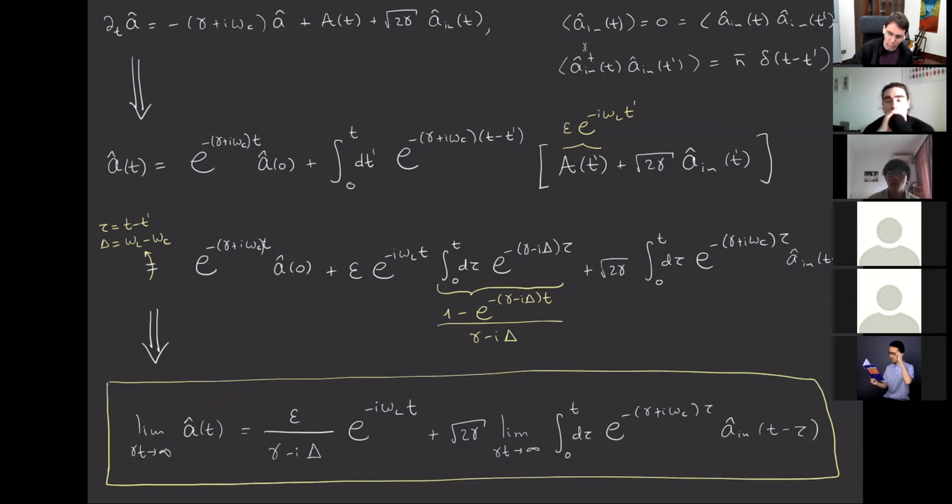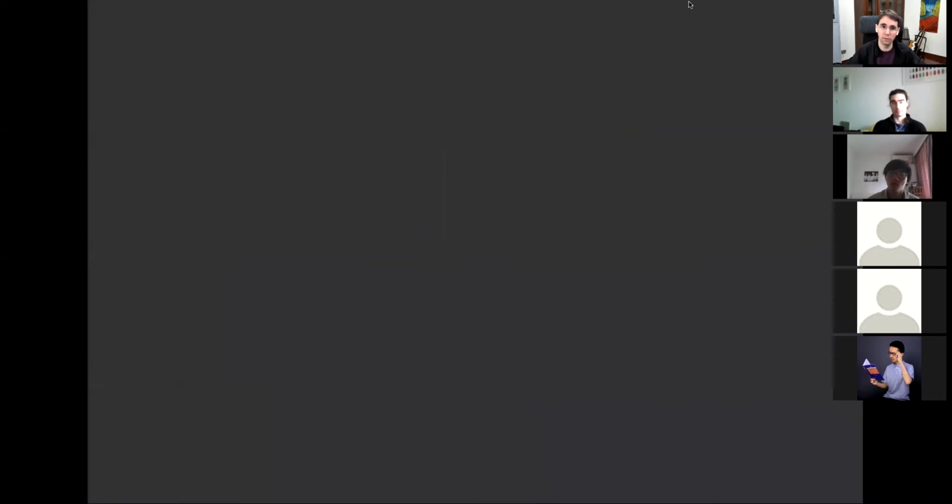So since we know the statistical properties of the input operator, now we can evaluate any statistical property that we want of the field inside the cavity. In particular, we were saying that the field inside the cavity is Gaussian, and because it is Gaussian, we only need to evaluate first and second order moments. So let me start with the first order moment.